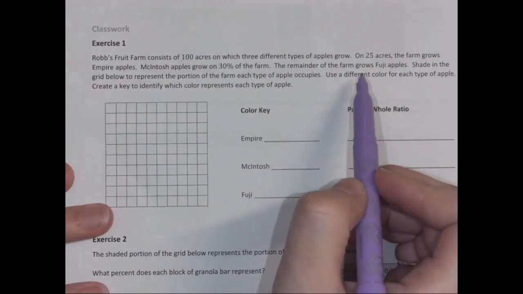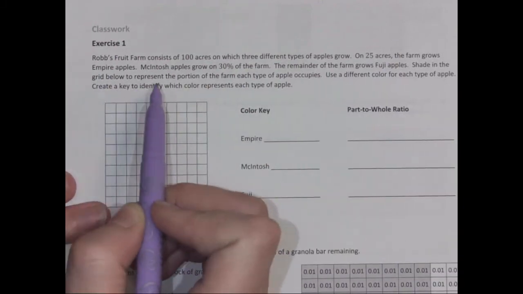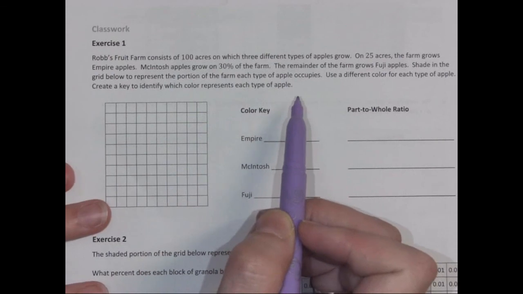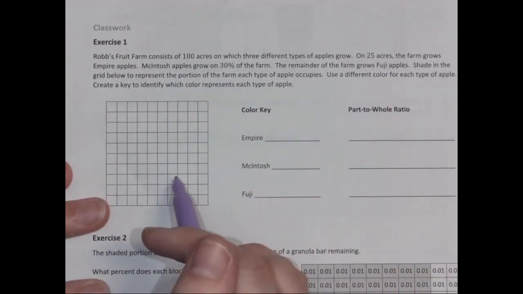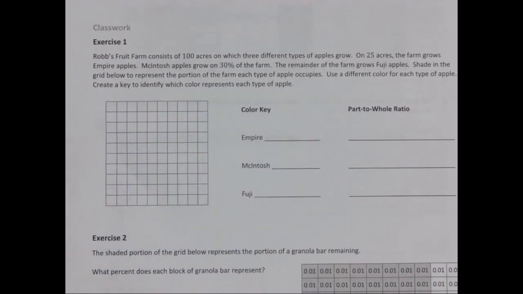The remainder of the farm grows Fuji apples. Shade in the grid below to represent the portion of the farm each type of apple occupies. Use a different color for each type of apple. Create a key to identify which color represents each type of apple. So, whatever 3 colors you have are the colors you have to represent each apple.